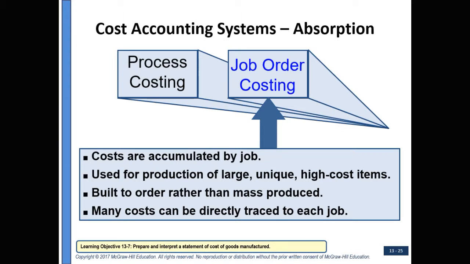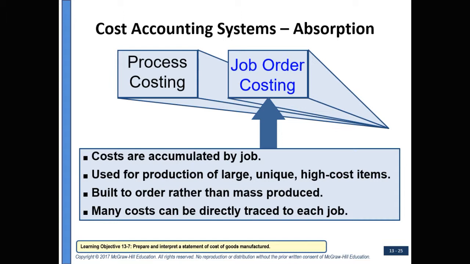With job costing, costs are accumulated on a job basis. Job order costing is often used for production of large, unique, high-cost items that are built to order. These are not our mass-produced items.